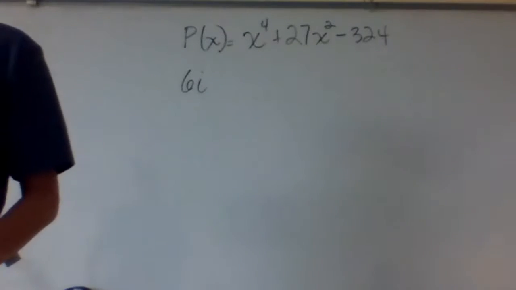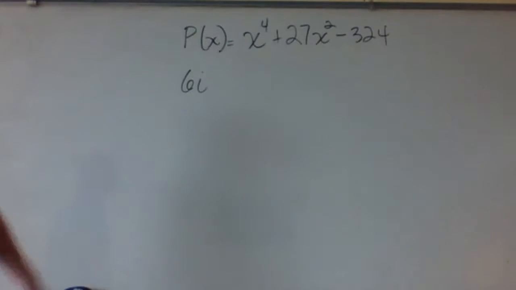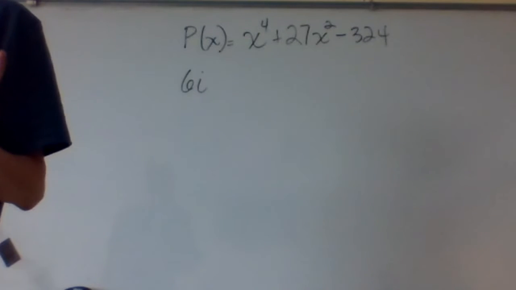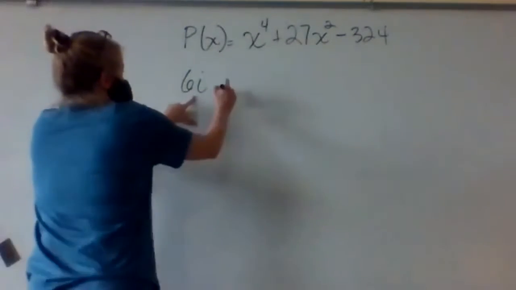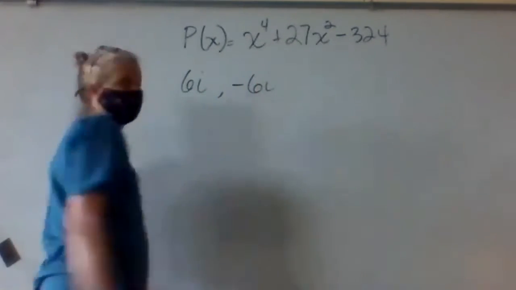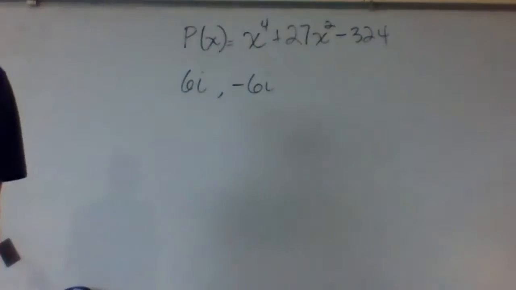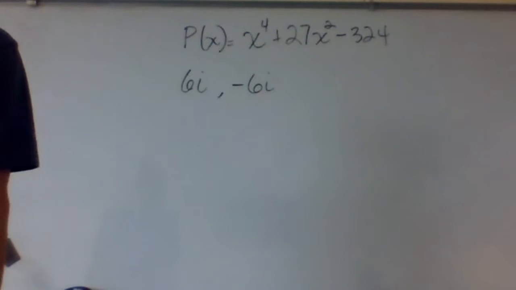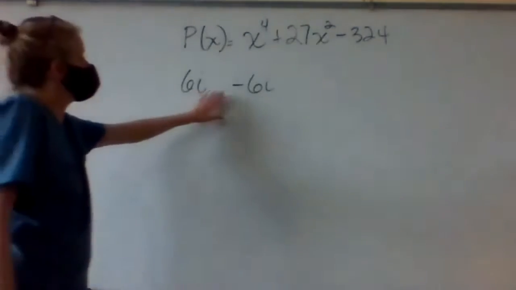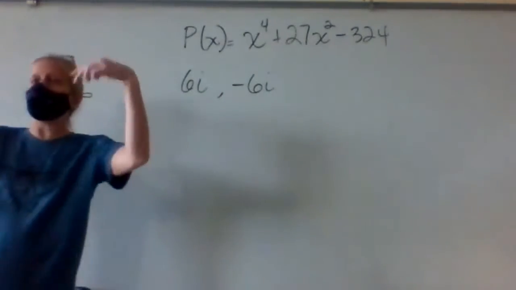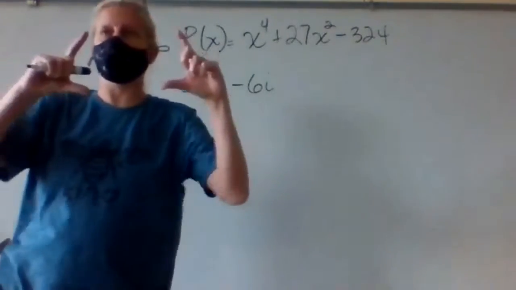Now, I can't do what I did last time because this is an i. I can't do synthetic division with an i. But if 6i is a zero, what else is? Negative 6i is also a zero. Just stay with me on this one. Remember, just one problem. So, if those are both zeros, let's go backwards and turn those into the factors that they came from.